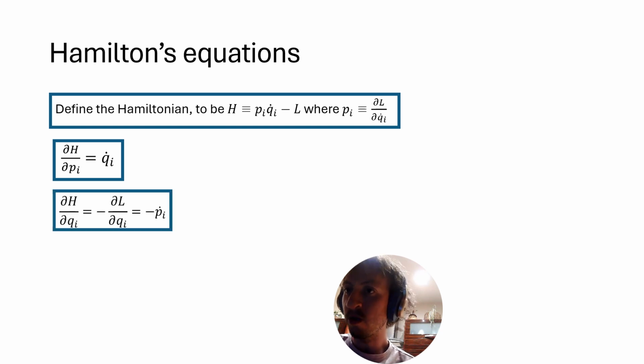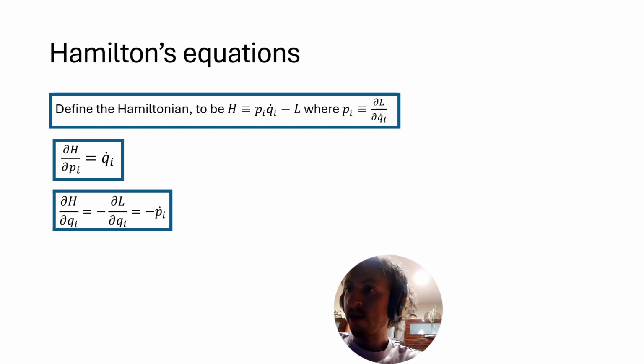Now the second equation is more subtle. If we consider how the Hamiltonian varies with generalised position, well, now the first term doesn't give us anything in our expression for the Hamiltonian. So the derivative we're looking for is just minus the derivative of the Lagrangian with respect to generalised position.